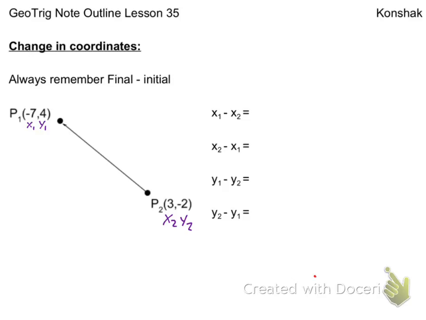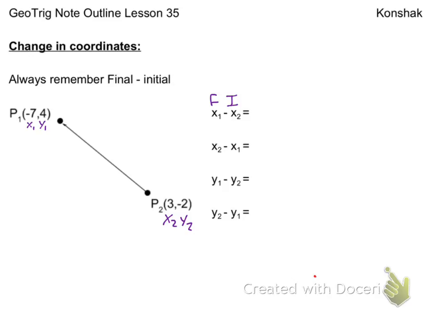And remember, it's always final minus initial. And so if I look at the first one over here on the right, x1 minus x2, that would be the final minus the initial. Where am I starting? What would be my starting point if I wanted to find that change in coordinates with those x values? I would start at which point?